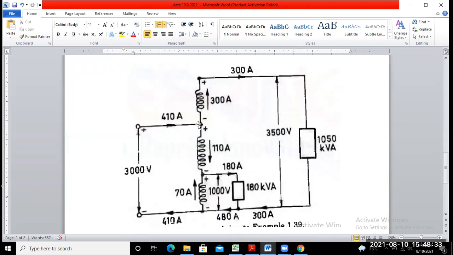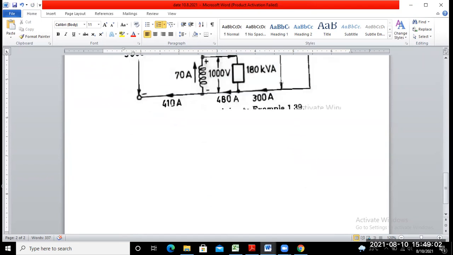Okay, so you have to apply KCL at this point and this point. First of all, whatever is given, that means load kVA and terminal voltage of both loads, that means load 1 and load 2, and the supply voltage is already mentioned at 3000 volt. So according to this, you have to reconnect these three windings, and then simply find out the current value at the different points.